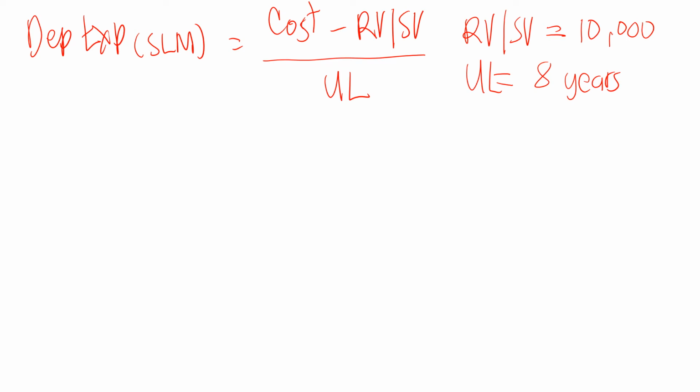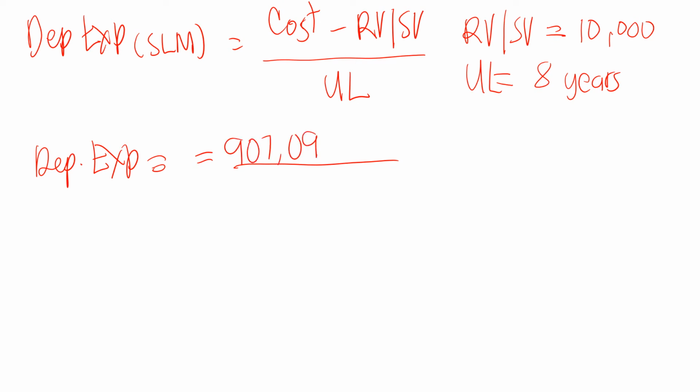So remember, to compute for the depreciation expense, that will be the cost of the asset. We already computed the cost of the asset, that is 1 million times 0.9 times 0.98, which is 882,000 plus the present value of the dismantling cost, 25,095, so that is 907,095.